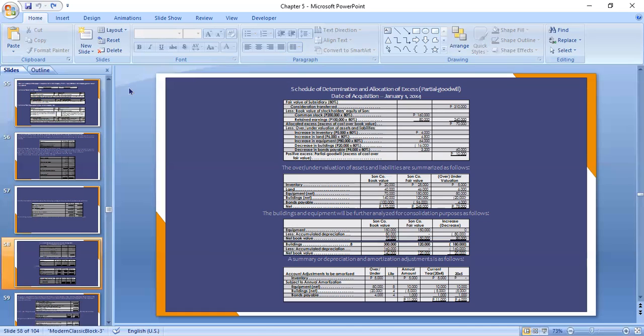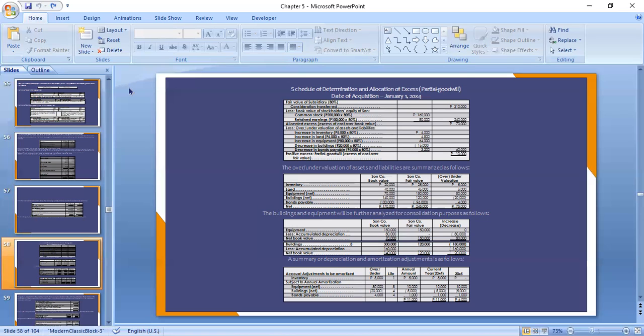The same with land and equipment, undervaluation, but buildings and bonds payable, overvaluation. So the buildings and equipment will be further analyzed for consolidation purposes as follows.